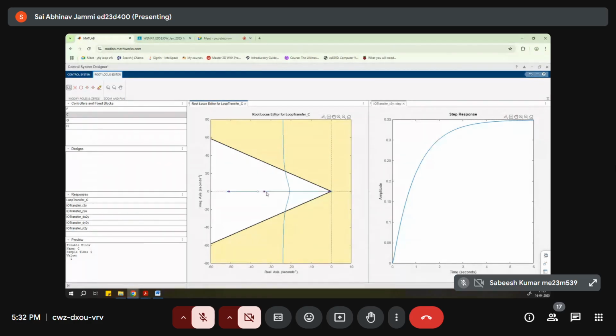Now we'll shift our poles to give the KP, or the proportional gain. So we'll put it right at the margin.